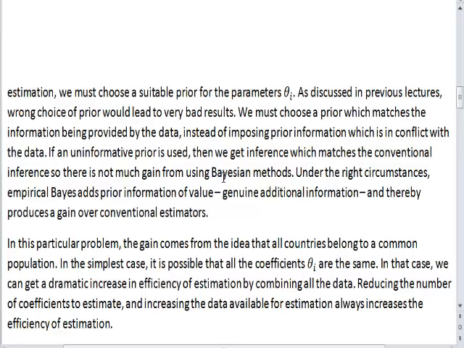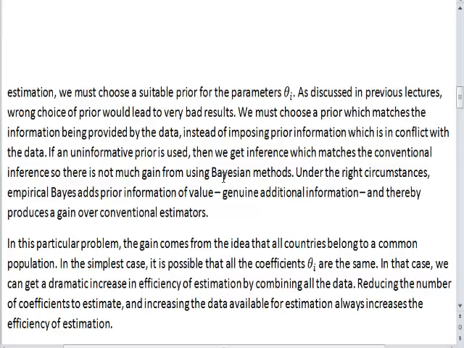But that doesn't matter, since you can do the same thing with conventional techniques. So serious gains are only possible if you have serious prior information. So Bayes is not magic. Bayes is a way to utilize genuine prior information.